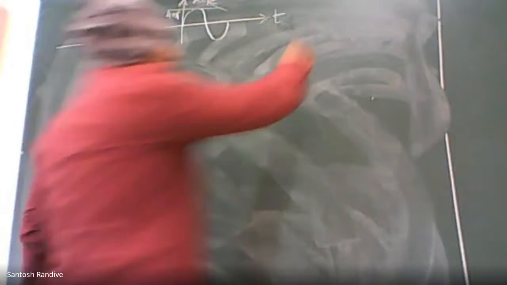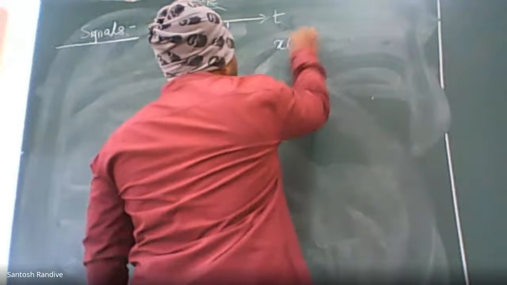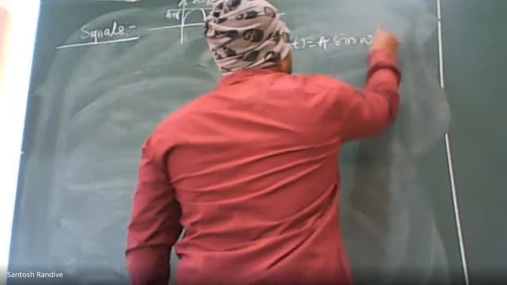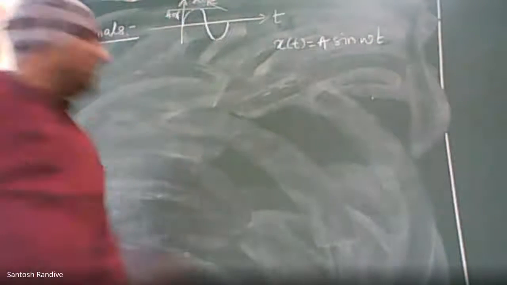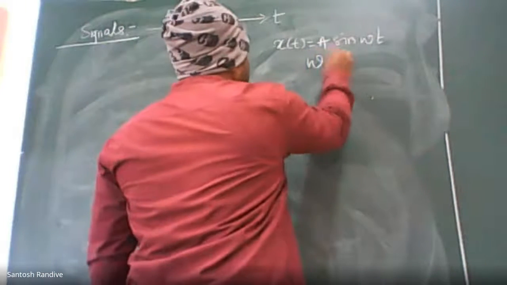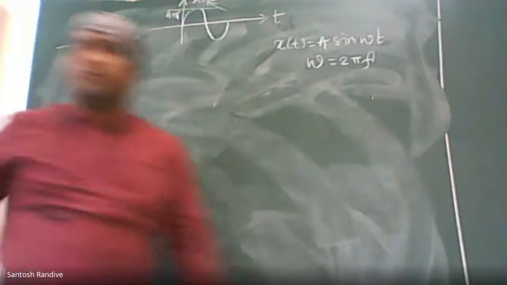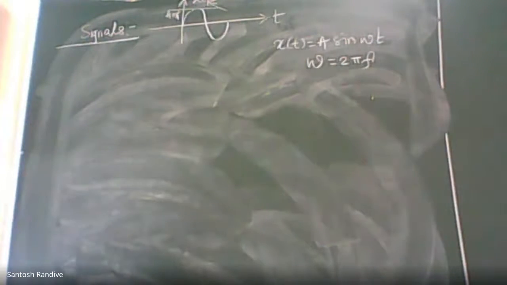Amplitude versus time, a sine wave, and this signal will be represented as x of t is equal to A sine omega t, where omega is equal to 2 pi f, and f represents the frequency.